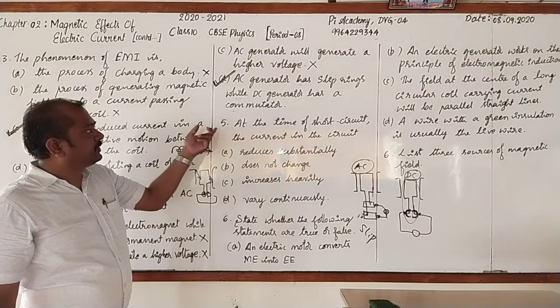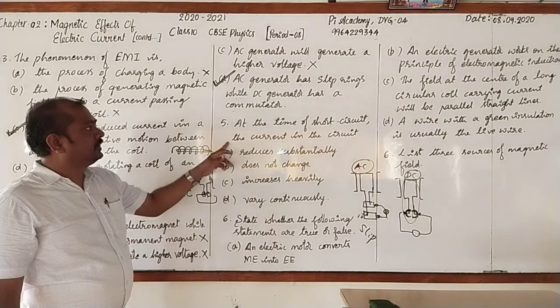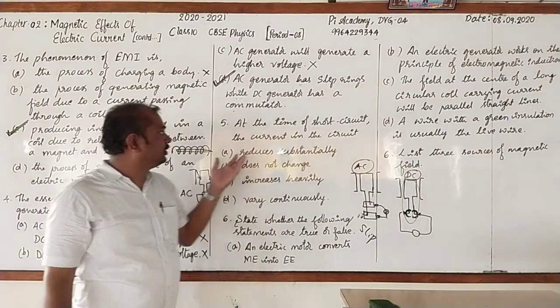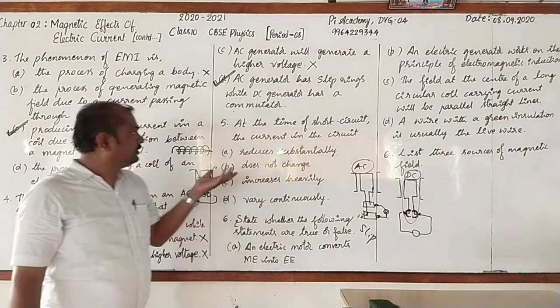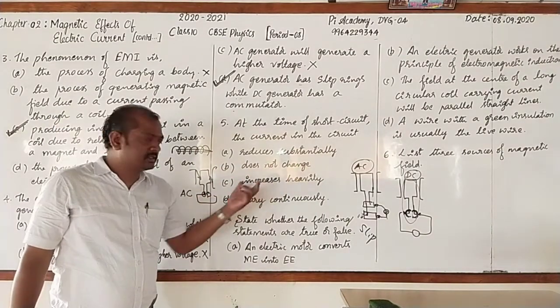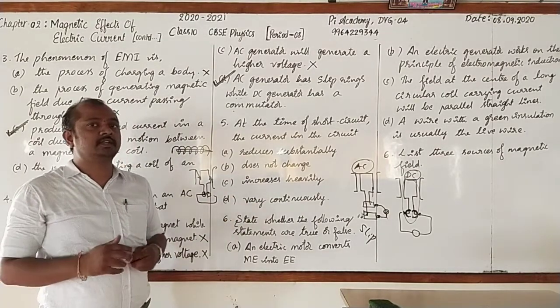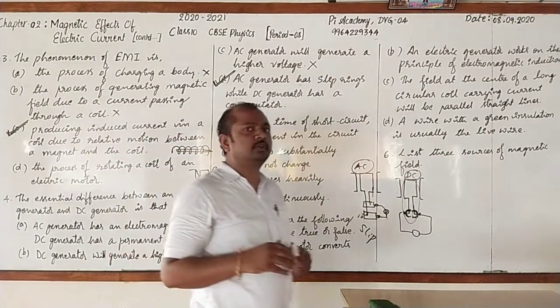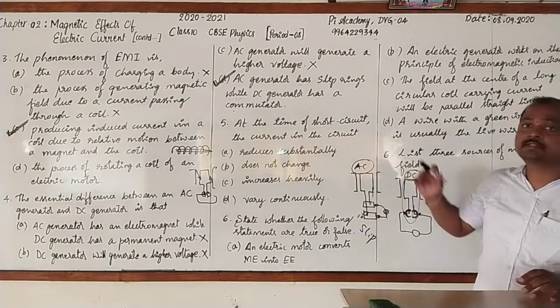The fifth one is, see, at the time of short circuit, what happens to the current in the circuit? Options are there. Reduces substantially, does not change, increases, that is, current increases heavily, current varies continuously. Dear students, we know what the possibilities for short circuiting are.